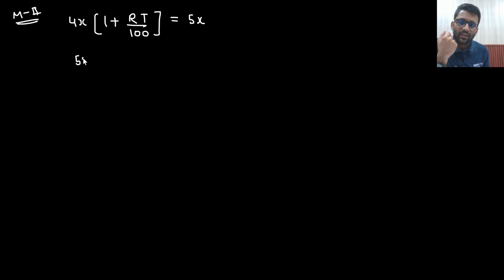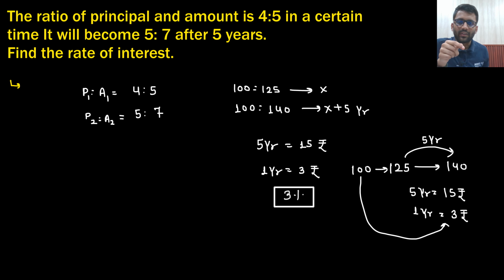After some time what will happen? 5y into 1 plus r into t plus 5 by 100. Because at time t, if your principal amount was 4x, the total amount was 5x. Here if the principal amount was 5y, this will be 7y, right? 5:7.